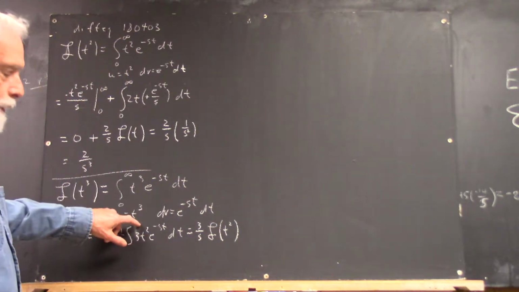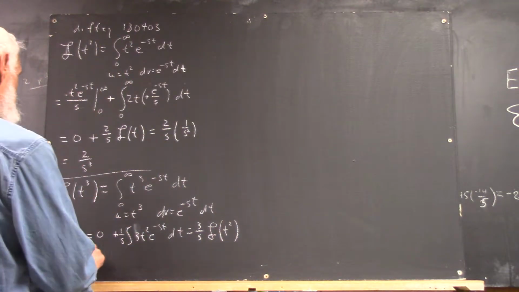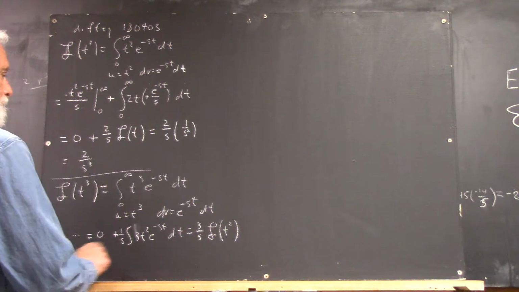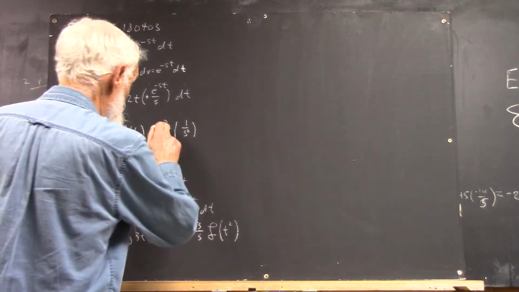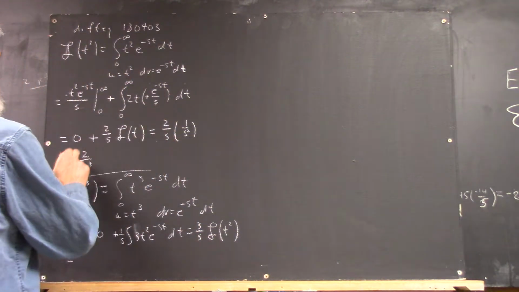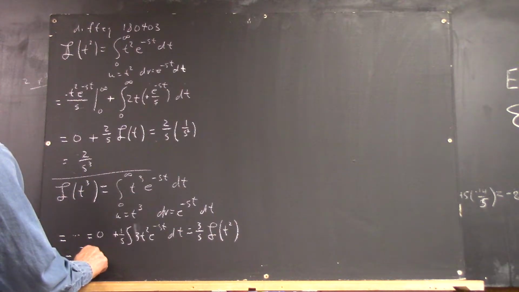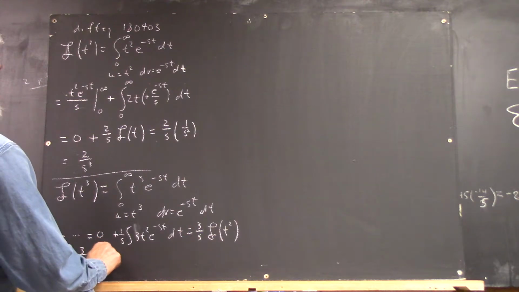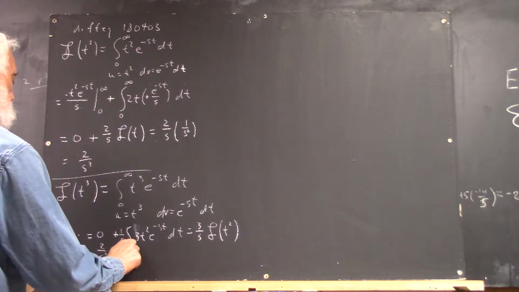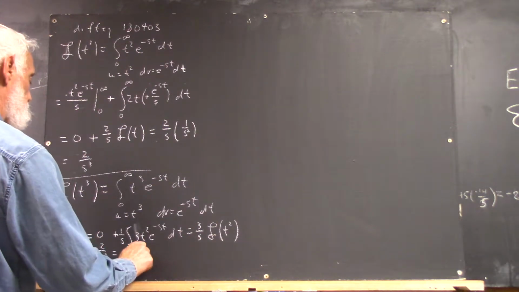If you take that 3 out, you have the Laplace transform of t squared. I was wanting to get 6 here, and of course I do when I multiply it by the Laplace transform of t squared: 3 over s times 2 over s cubed, which is 6 over s to the fourth.